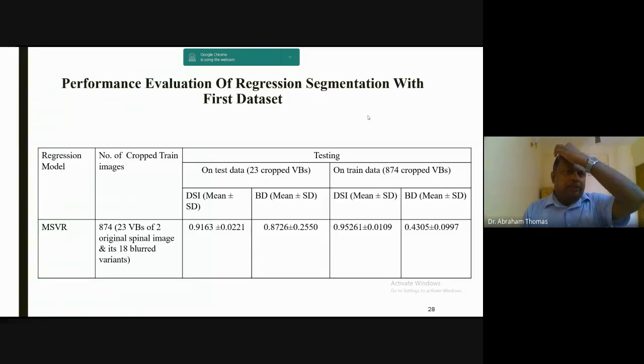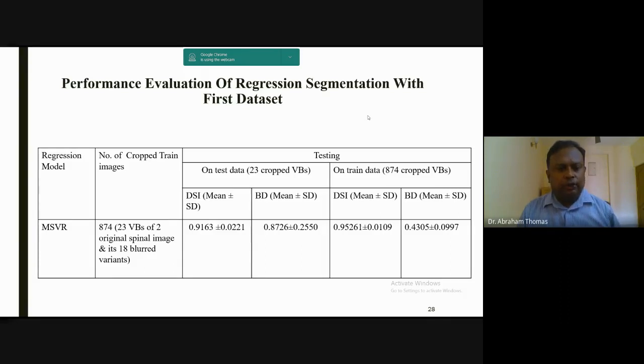Now, performance evaluation of regression segmentation with the first data set. In the first data set, we had 3 sagittal images. 2 of them we used for training. So out of the 23 vertebrae of 2 original spinal images, we added 18 blurred variants of it.